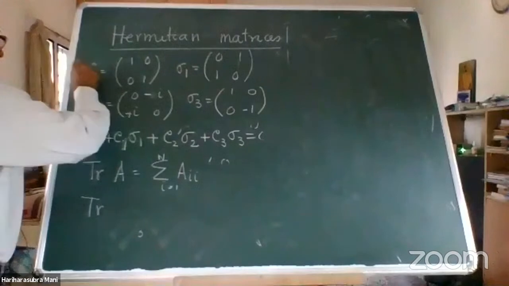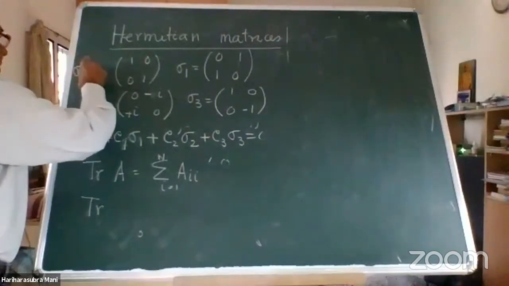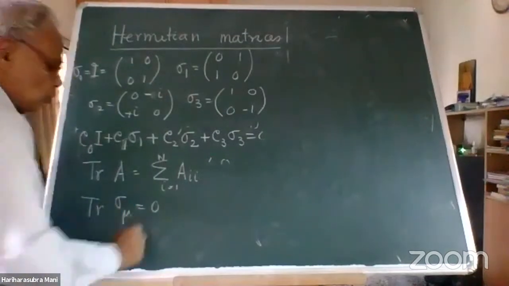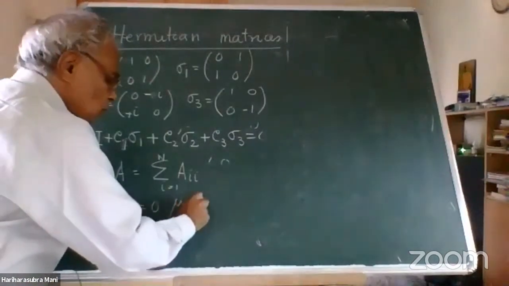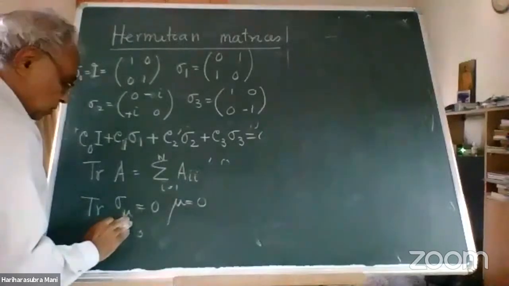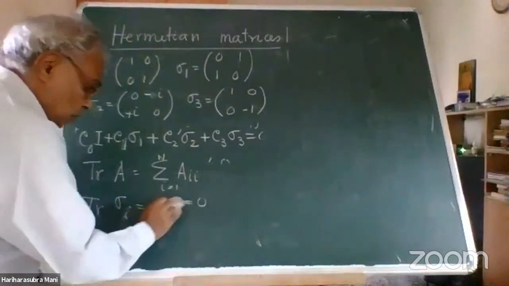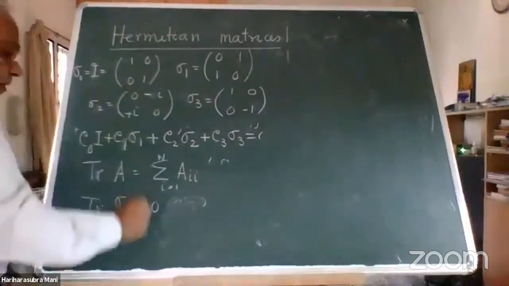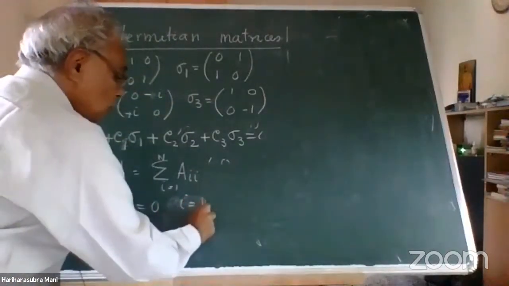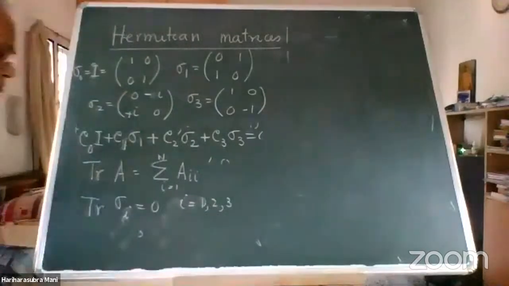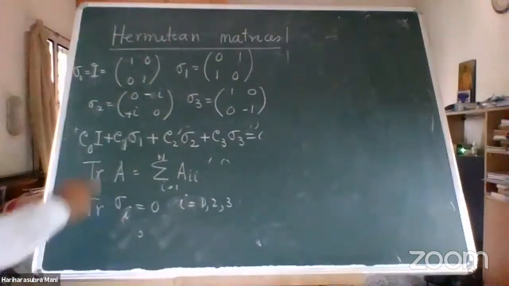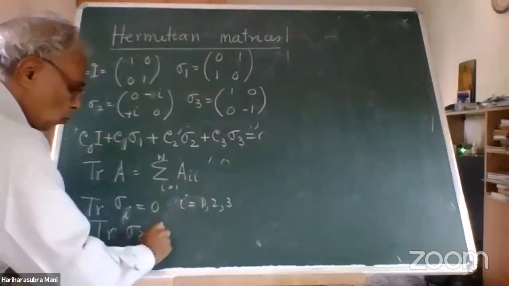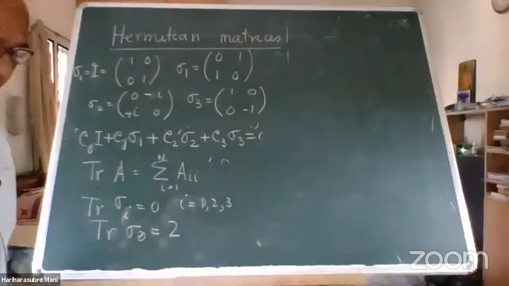Let me call this sigma 0 equal to I, it's convenient for me. Trace of sigma i, i equal to 1, 2, 3, is 0. Of course, trace sigma 0 is 2, the sum of the elements.